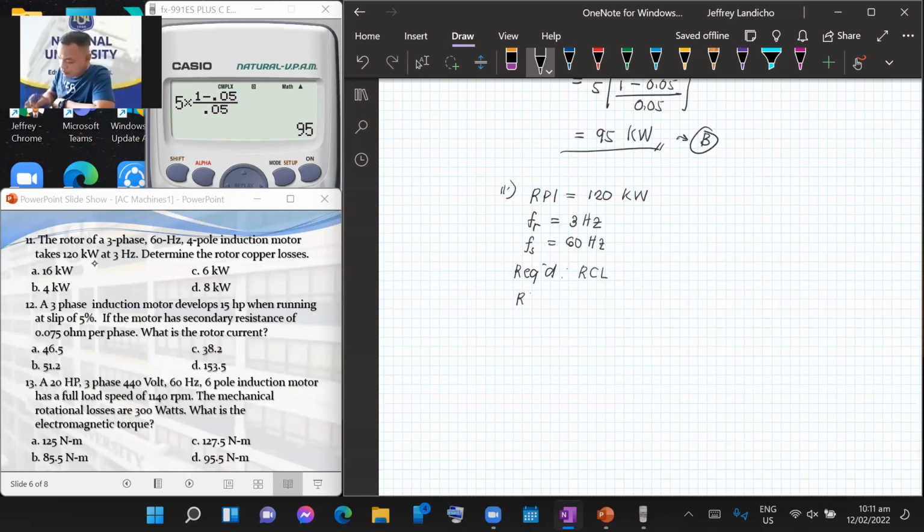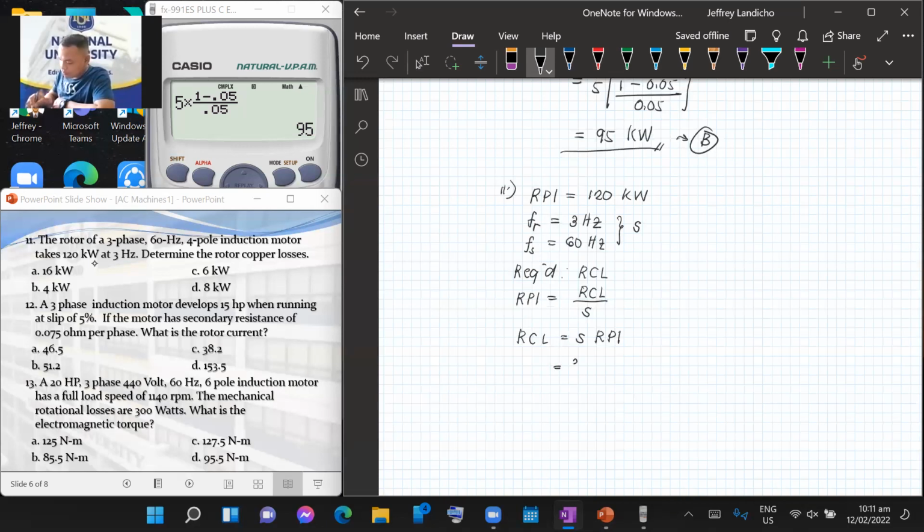Nakita na natin kanina that RPI, it is just simply RCL over S. So therefore, RCL, it is just simply the product of percent slip and RPI. Saan natin kukunin si S? So since given ang rotor frequency and stator frequency, you may have the value of what? S. So wala nang problema.